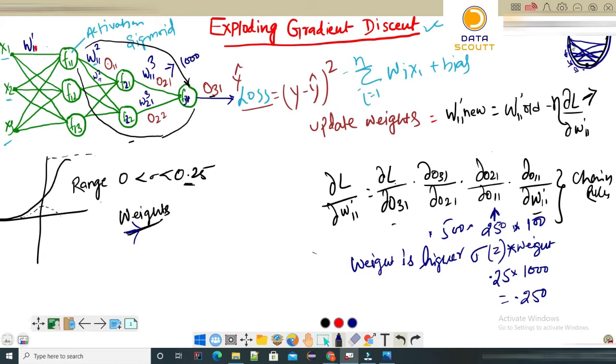Instead of that, it will keep on jumping from this end to that end to find the local minima. And this itself is called the exploding gradient descent problem. It will never be able to converge to a local minima, irrespective of how many iterations we perform.